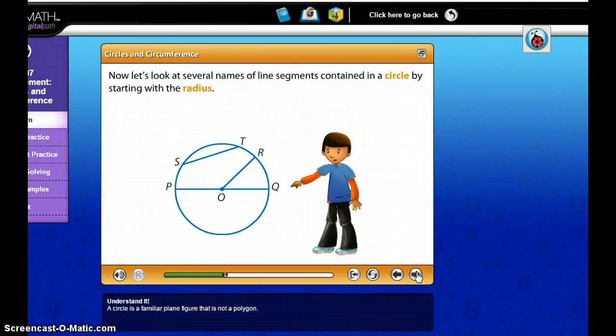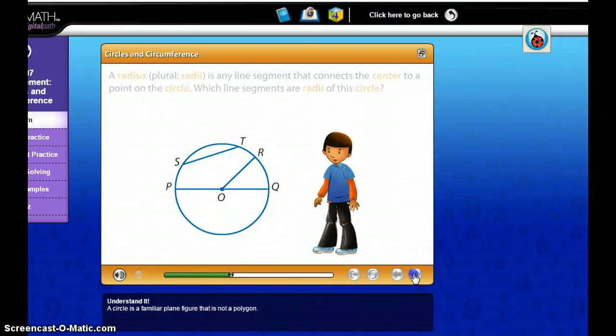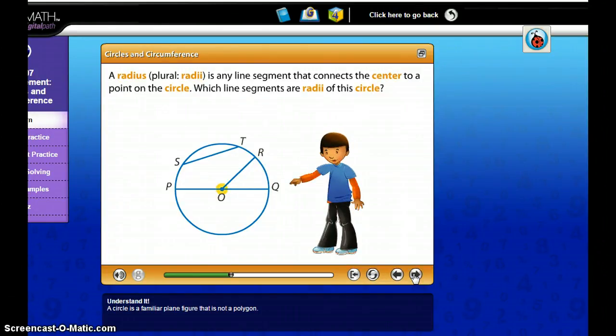Now let's look at several names of line segments contained in a circle by starting with the radius. Okay, remember, radius is half of the diameter. It starts at the center and goes outward. A radius, plural radii, is any line segment that connects the center to a point on the circle. Which line segments are radii of this circle?